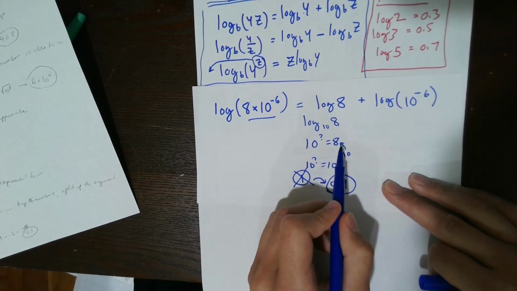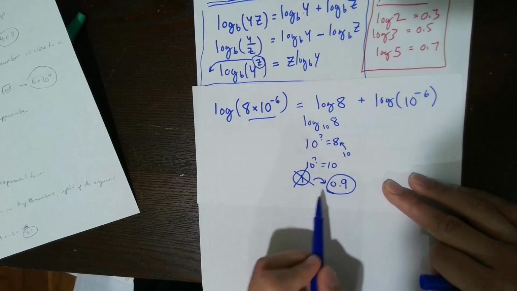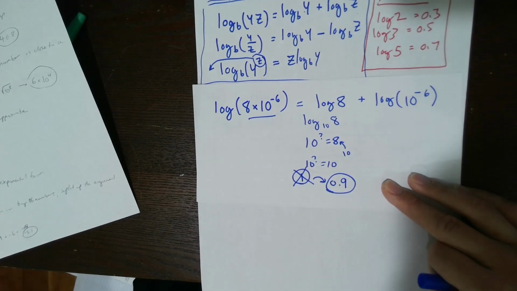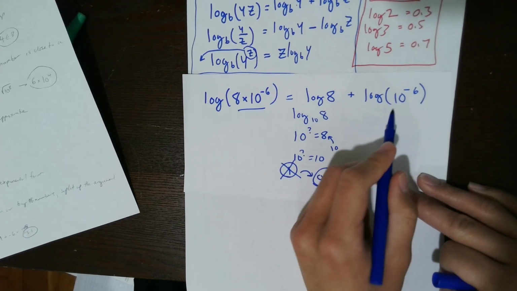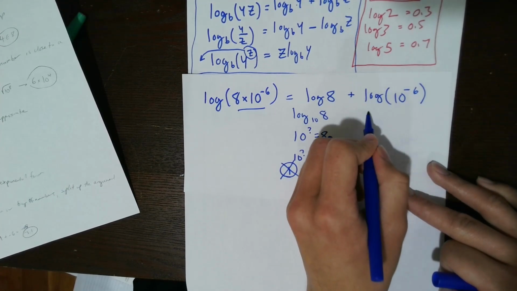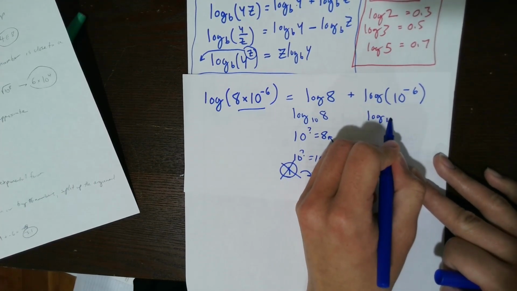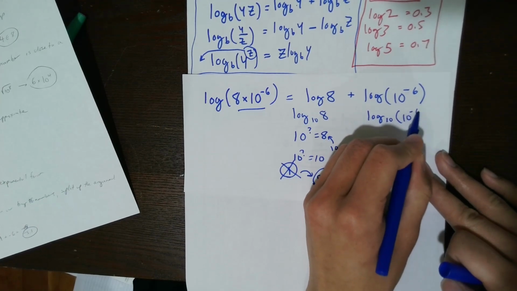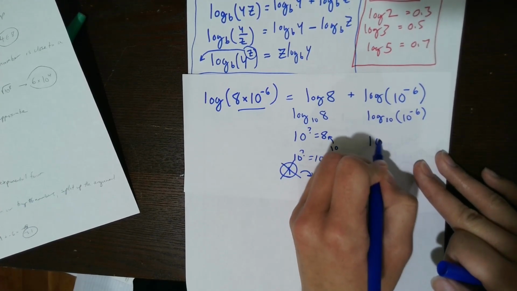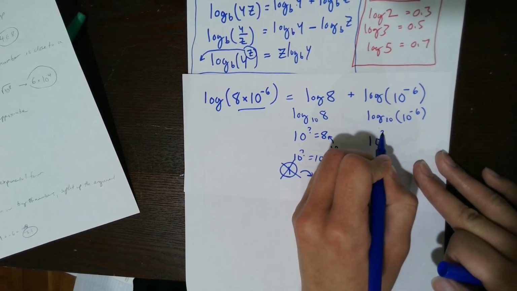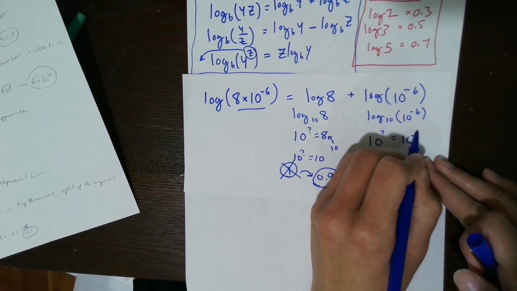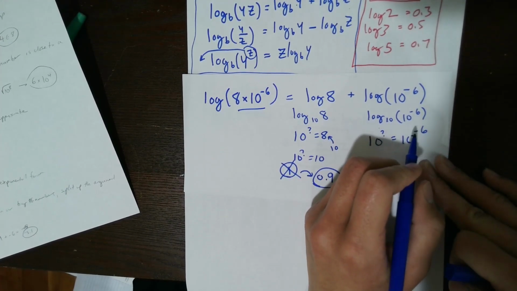All right? So that's going to get us close enough. So we basically rounded to get an answer, and then we rounded again to make up for the fact that we rounded. All right, now this side. We're going to turn it to exponential form again. So we're going to have 10 raised to some number gives us 10 to the negative 6.